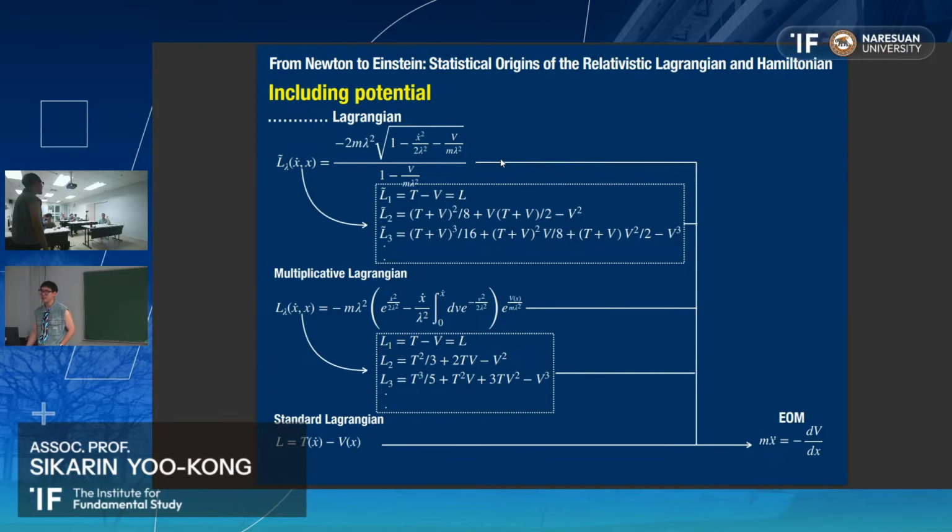For L1, I think it's going to give you extra terms, but once you put it into the action, that extra term is going to be a total derivative, and it doesn't contribute to the equation of motion, I believe.